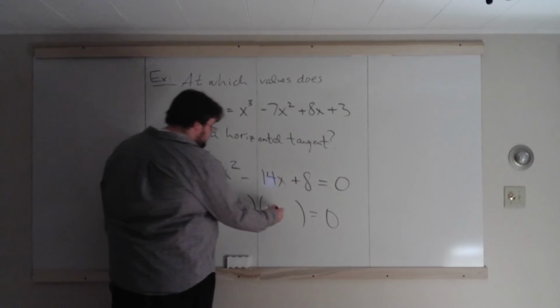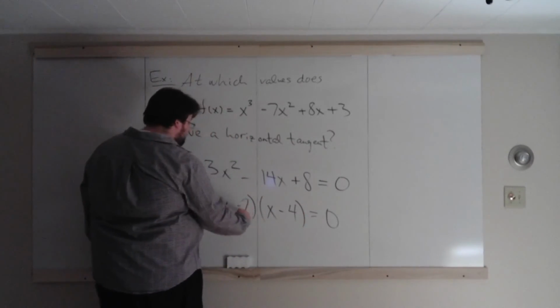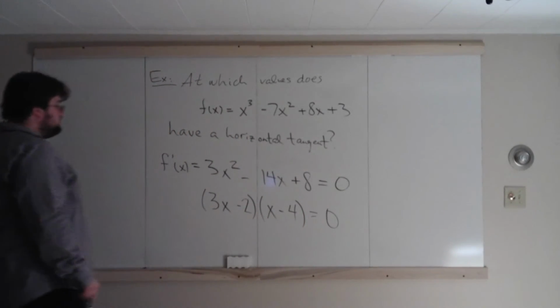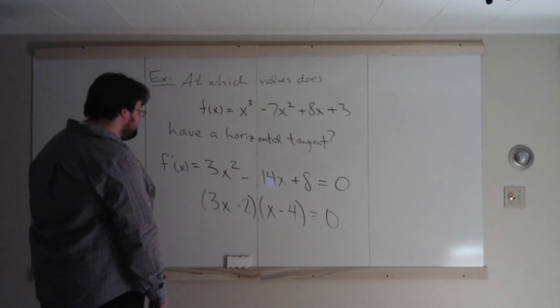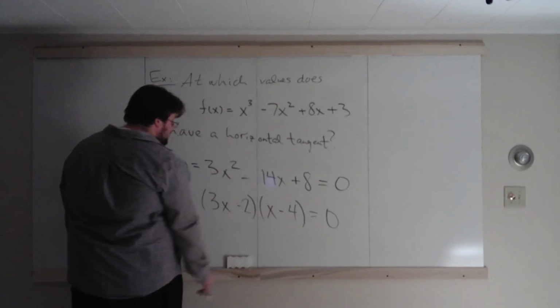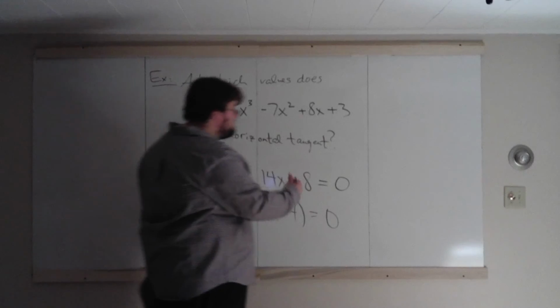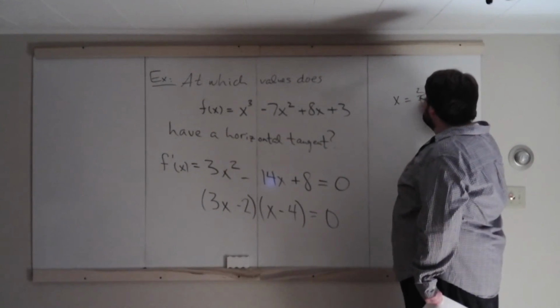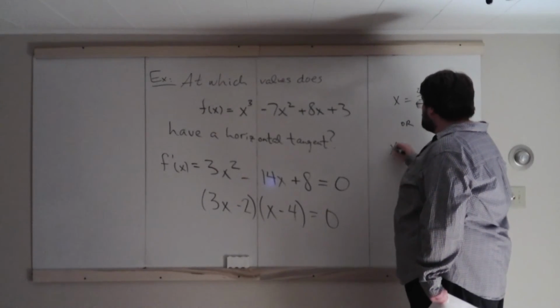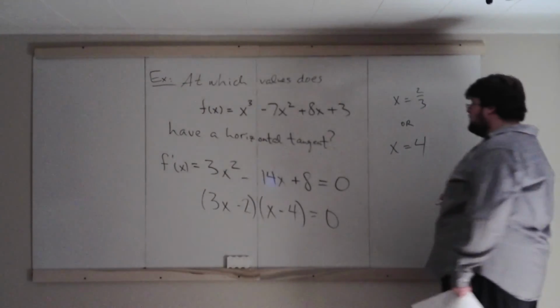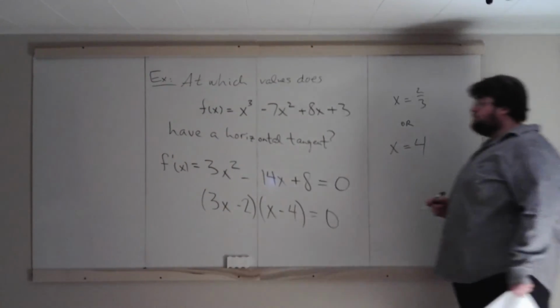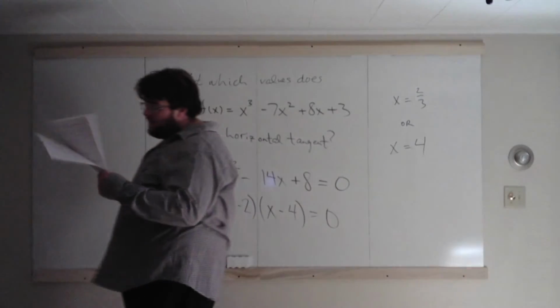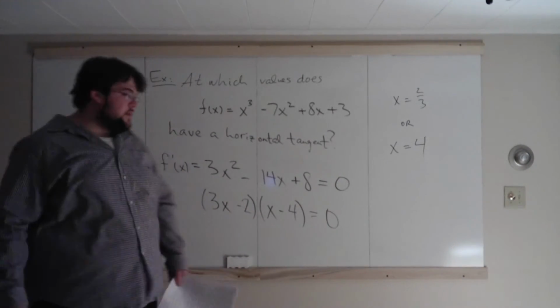We would need a negative 12 and a negative 2. That'll make 14, and that'll make 8. So we want to set those equal to 0. I'm just going to finish it over here. Set the first one equal to 0, you get x equals 2/3. Set the second one equal to 0, you get x equals 4. Let's check my work. Yes, that is right.